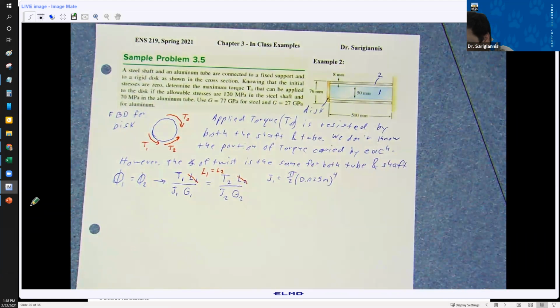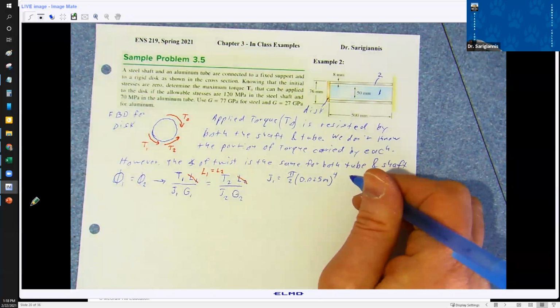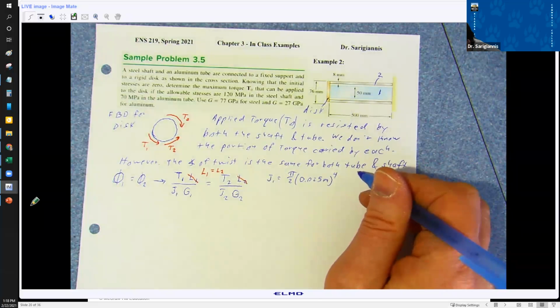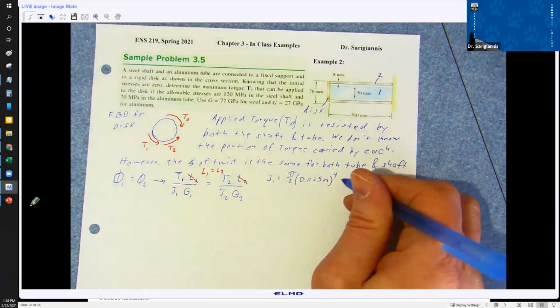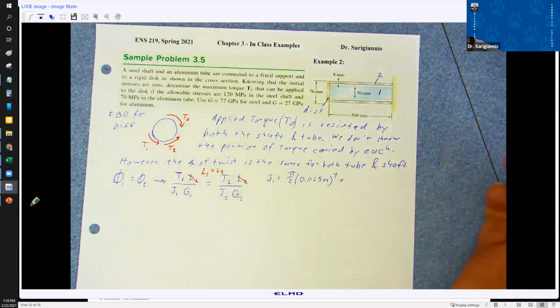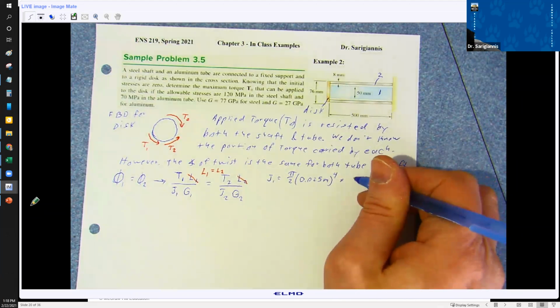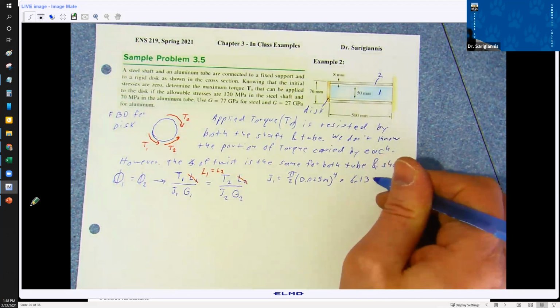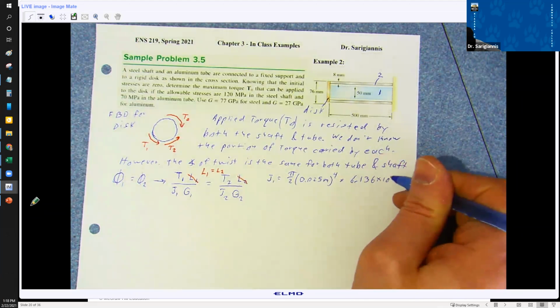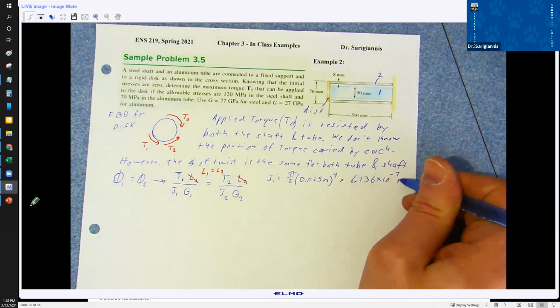I'm going to put everything in terms of meters. I could have used millimeters, and we got gigapascals, but let's stick with meters because that's how I have it in my notes. You're either stuck with working numbers that are too big or too small. So this is going to be 6.136 times 10 to the minus 7th meters to the fourth.